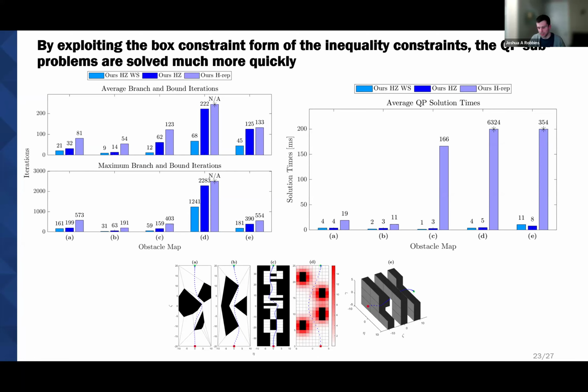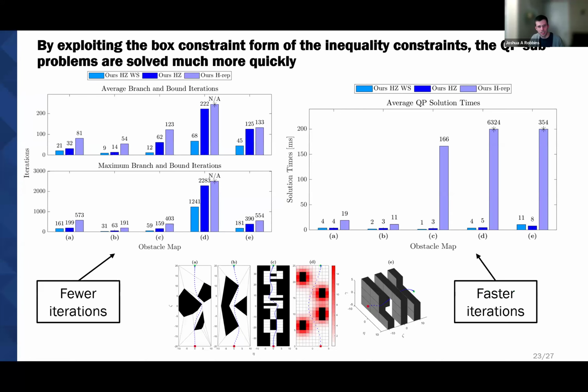And so you can see that in particular for the occupancy grid maps, we are solving the QPs much more quickly using the hybrid zonotopes to represent the obstacle-free space. So we're able to solve these problems as fast as we can because we're converging in fewer iterations, and those iterations are faster.